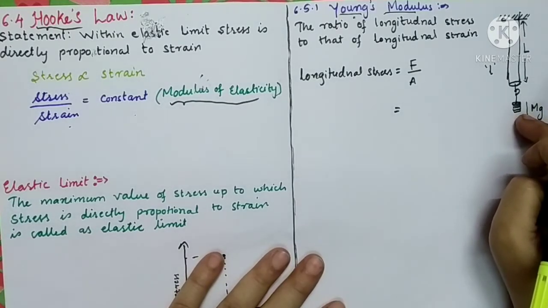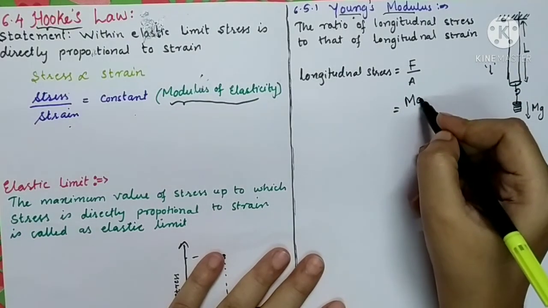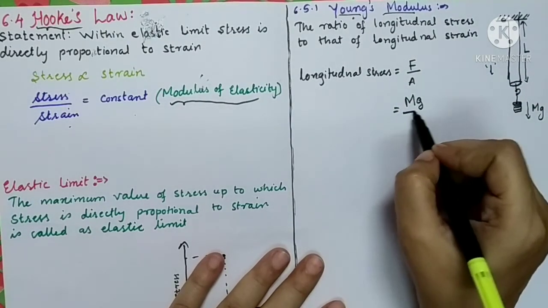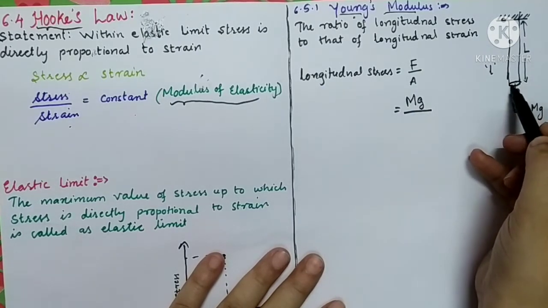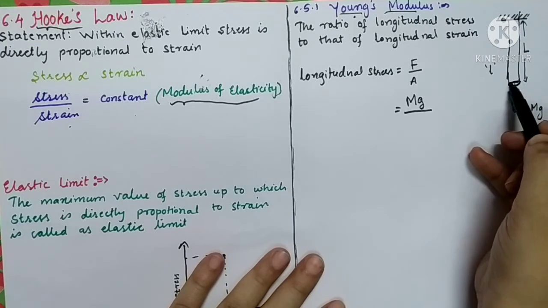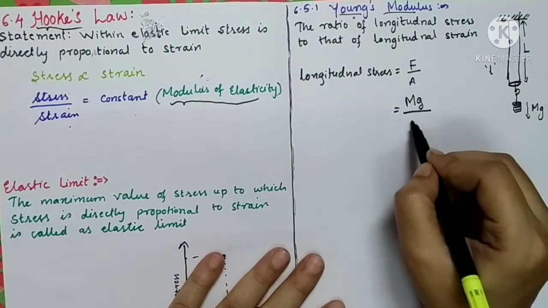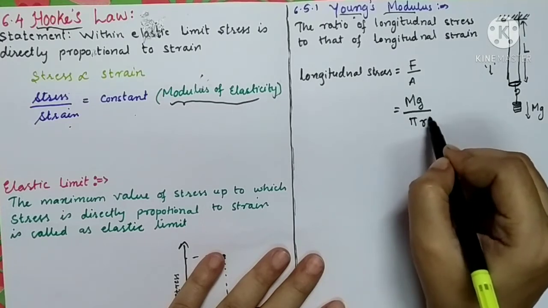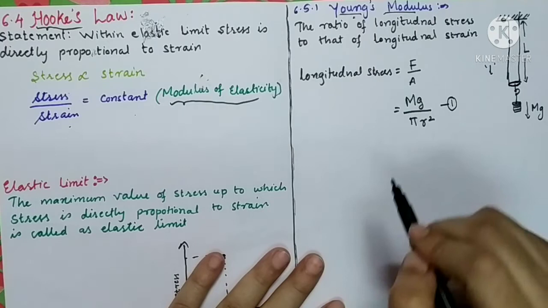So mass into gravitational acceleration is force, so we will write it as mg. Force is mg, upon area, which will be considered as the cross-sectional area of the wire. We know that the wire has a circular cross-section, so the area of a circle is pi r square. You can give it as equation number 1.